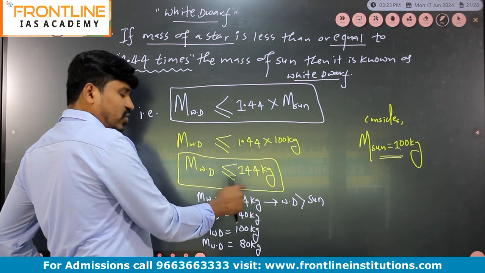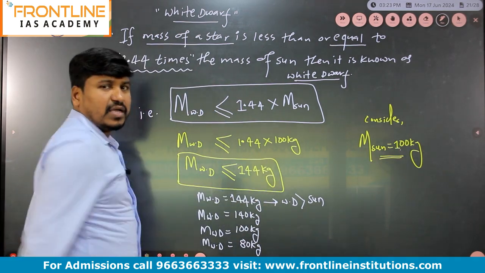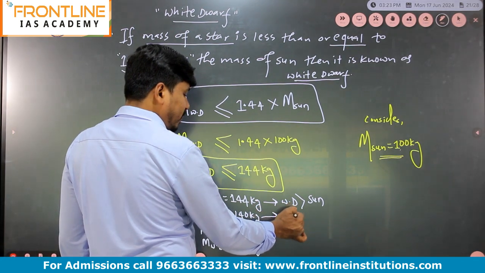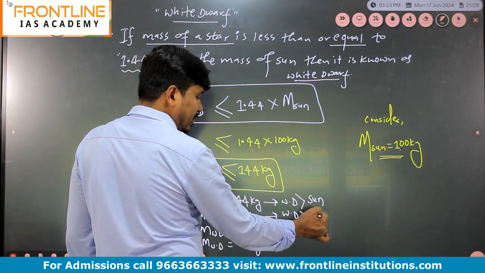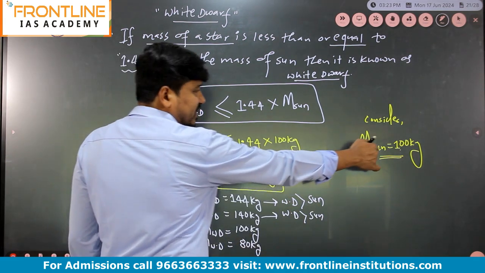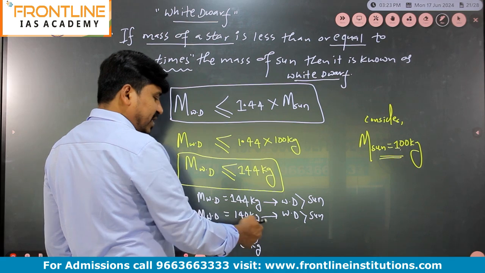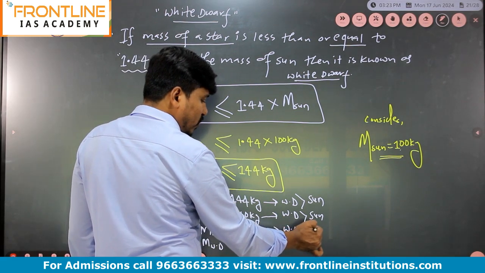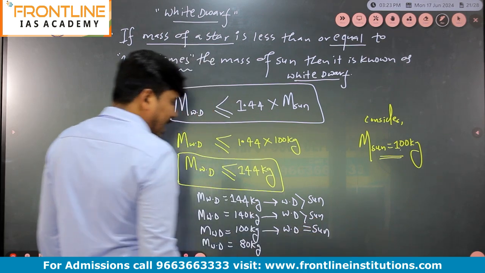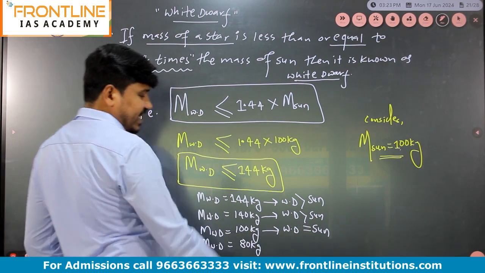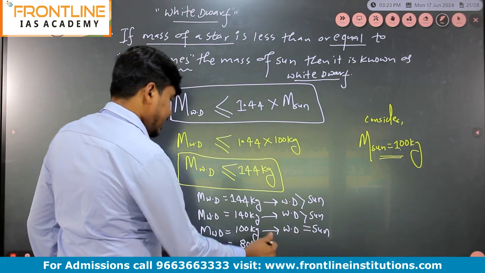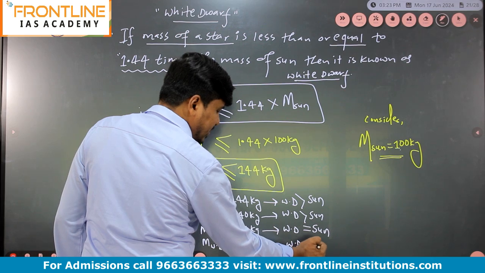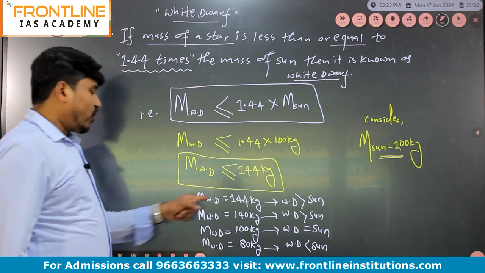Here also the white dwarf is greater than the sun. When the mass of the white dwarf is also 100 kg, the white dwarf is equal to the sun. And when the mass of the white dwarf is 80 kg and the mass of the sun is 100 kg, the white dwarf is smaller than the sun.